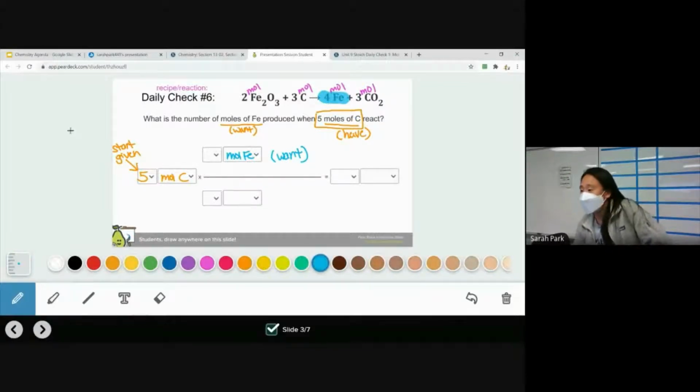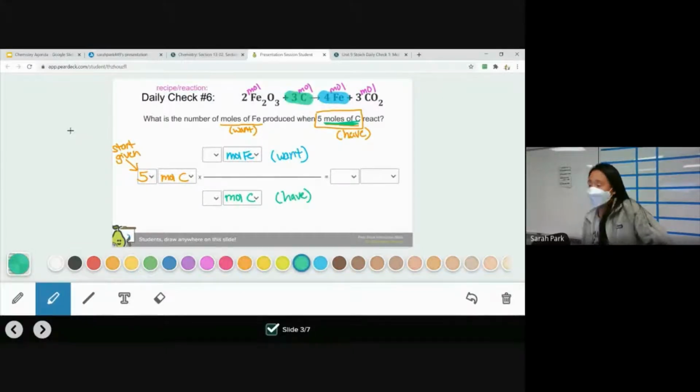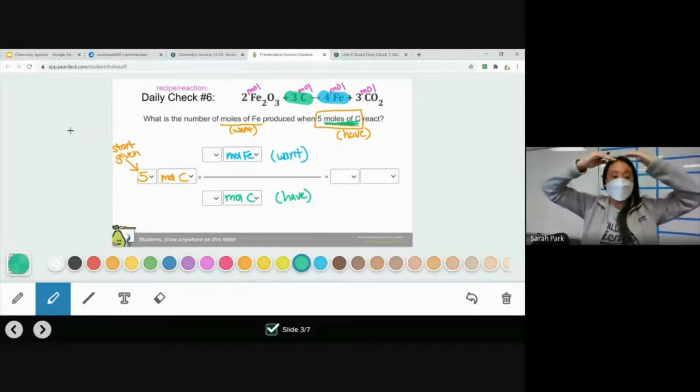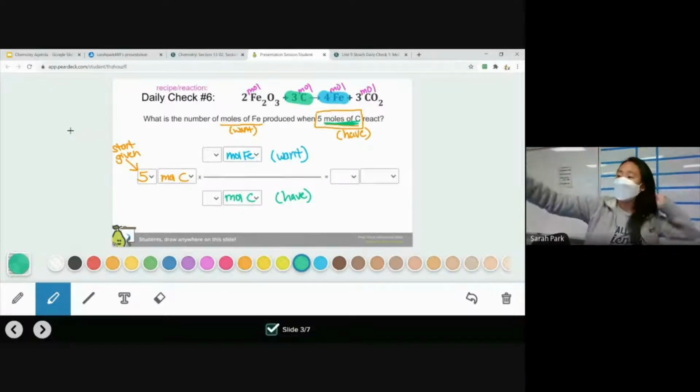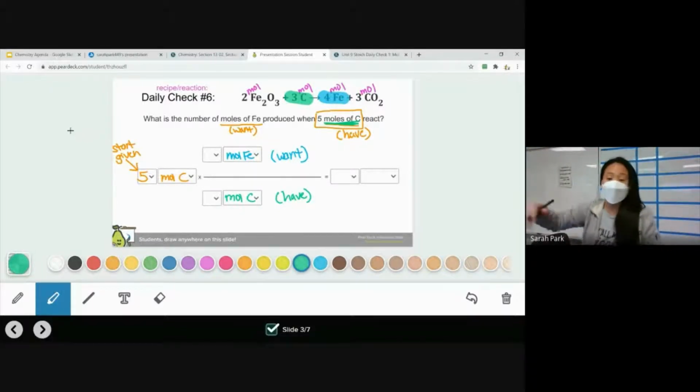Then what do I have? The information that I have is what? Moles of carbon. So that has to go on bottom because this is what I have, right? So in the recipe, that's this right here. What you have goes on bottom because you're trying to get rid of it. What you want goes on top. That's your goal. So what are the numbers that you're going to put in this fraction, right?